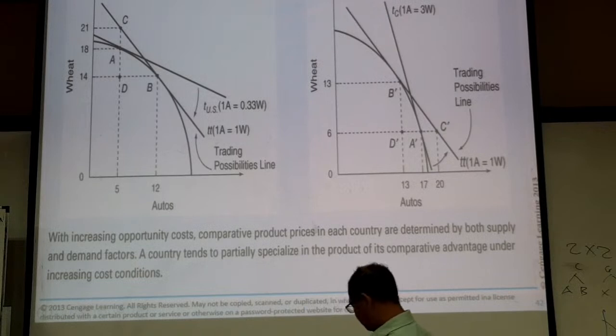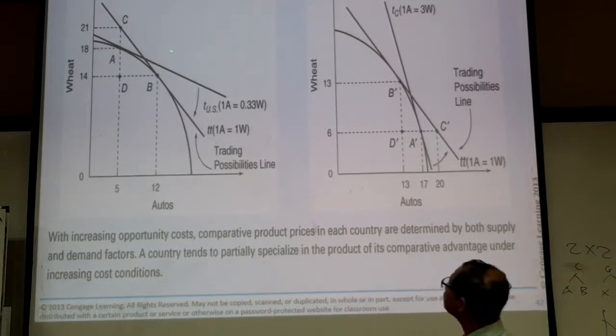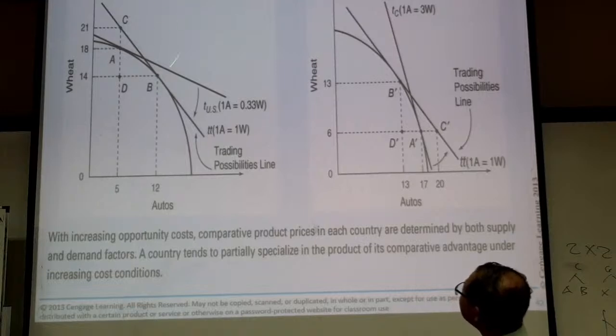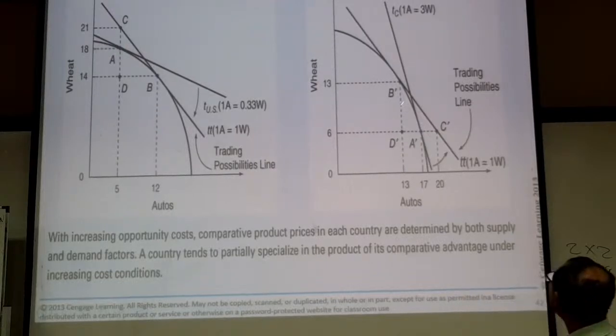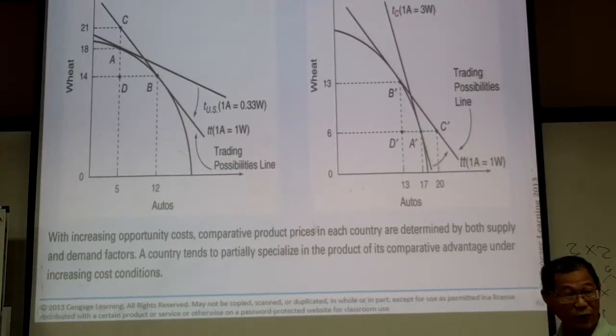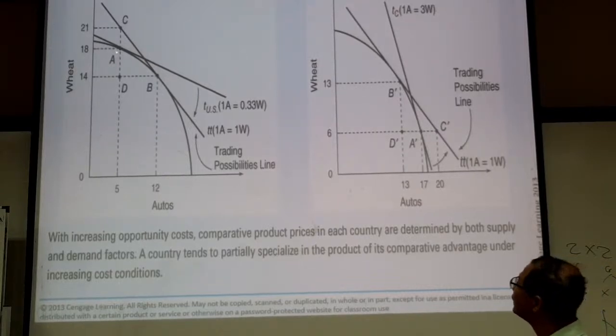So we begin with the starting point for the country, United States. Yeah, A is the starting point. For Canada, A prime is the starting point. So the starting point is before trade. That's the production possibility frontier and the price line.